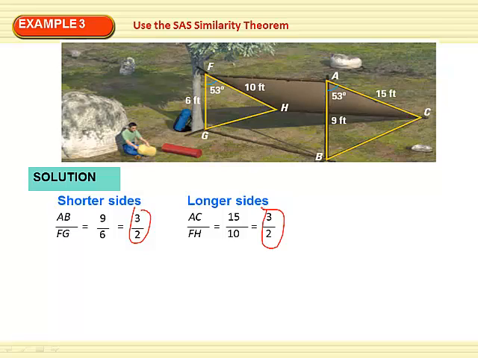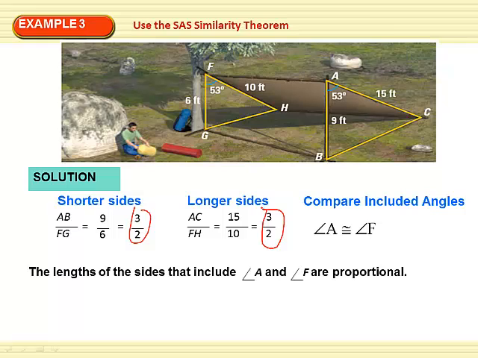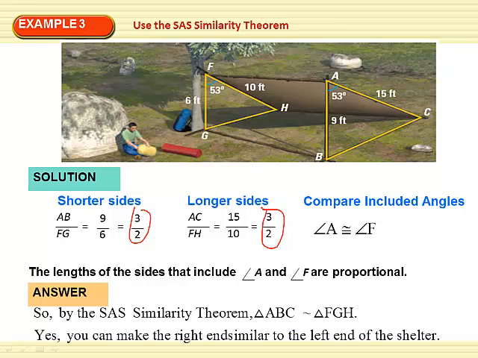So far the sides are cool. And the next thing is we know that angle A is congruent to angle F, so the included angles are the same. So automatically, since the lengths of the sides that include angle A and angle F are proportional, the side angle side similarity theorem says that these two triangles, ABC, is similar to triangle FGH.